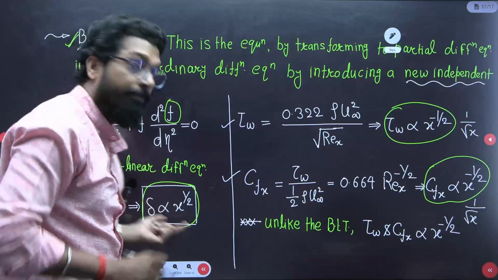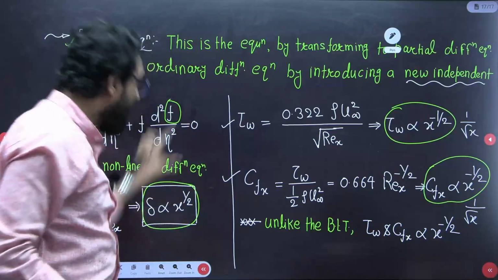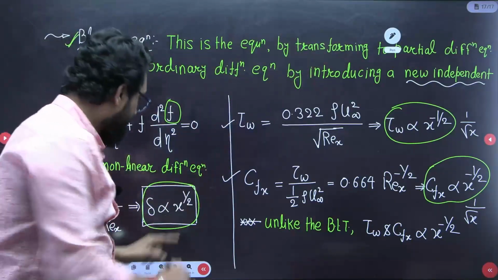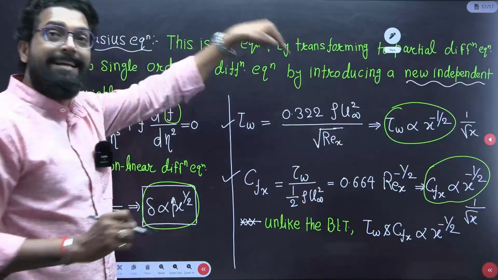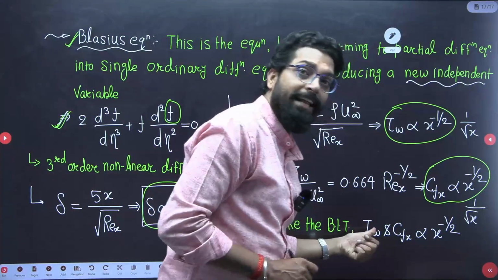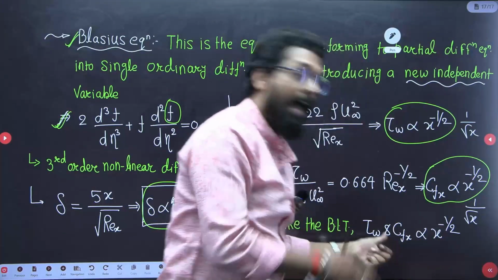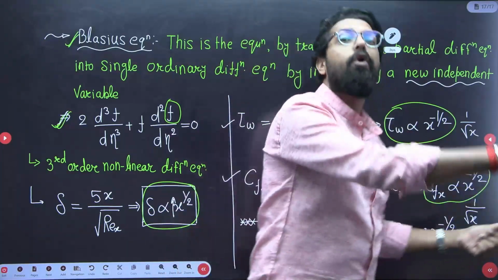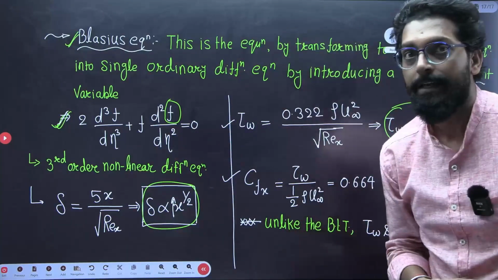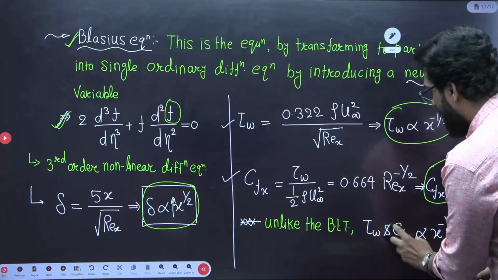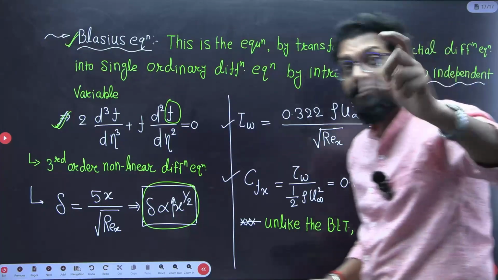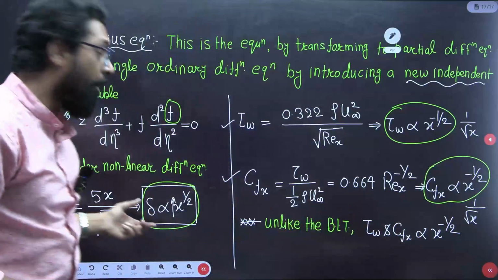That means if x increases, the boundary layer thickness will increase, but wall shear stress will decrease, and the local skin friction will also decrease. So the local skin friction and wall shear stress show the same nature, but delta shows the opposite nature.